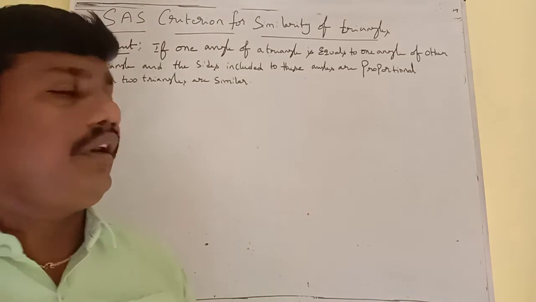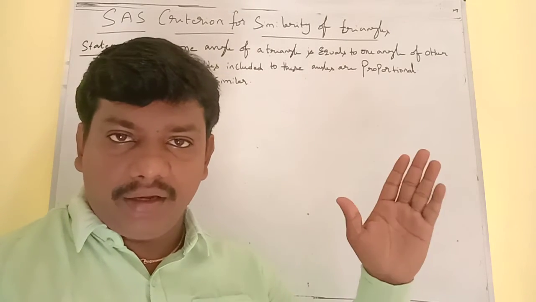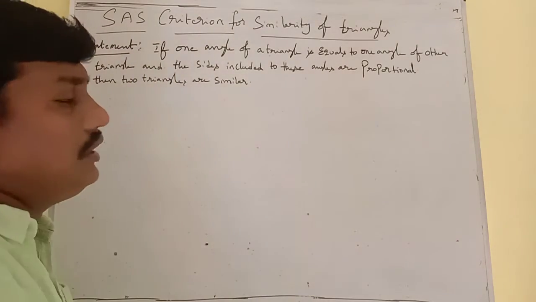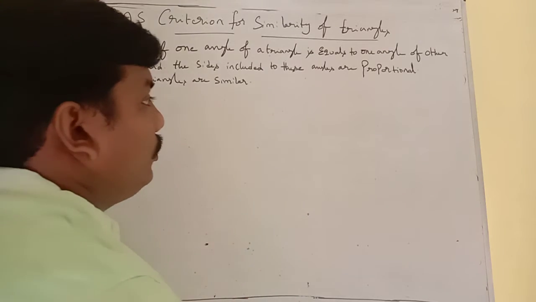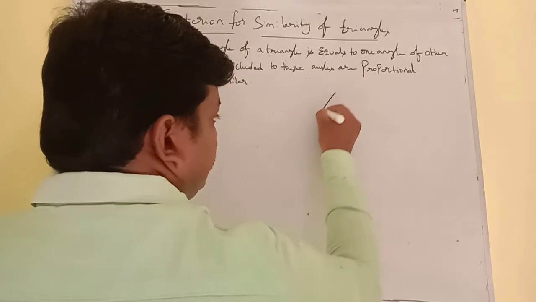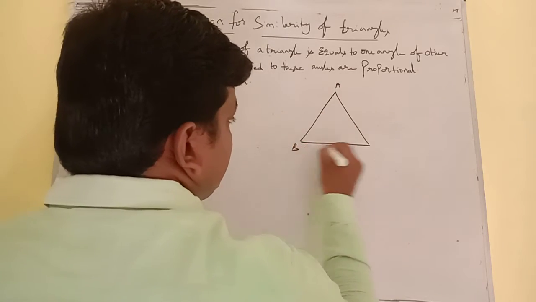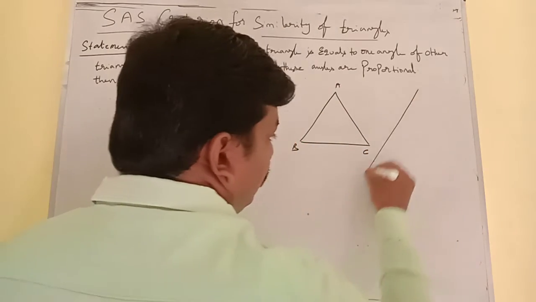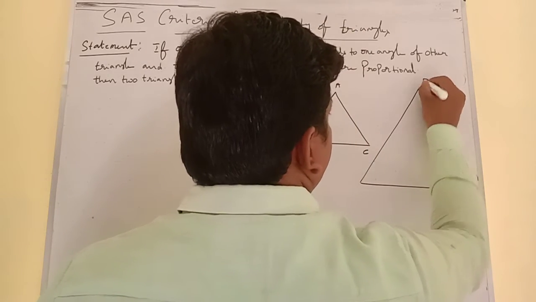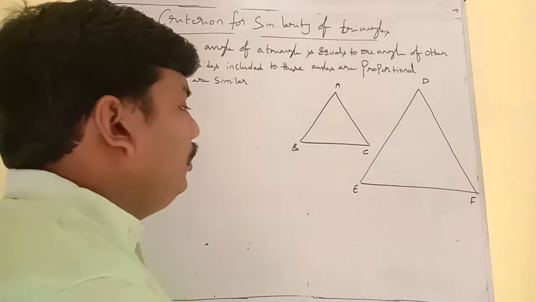If one angle of a triangle is equal to one angle of another triangle, and the sides included to these angles, let me consider first how the two triangles will be. Let me consider the first triangle ABC, and one more triangle DEF.